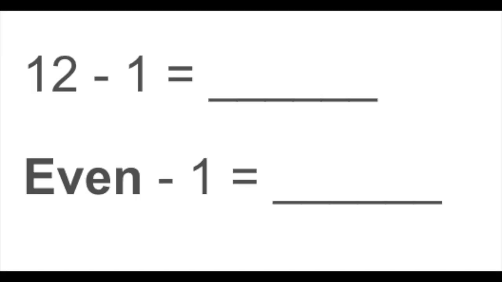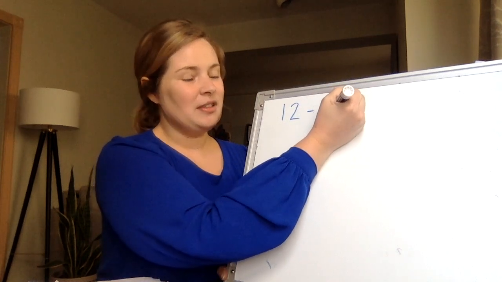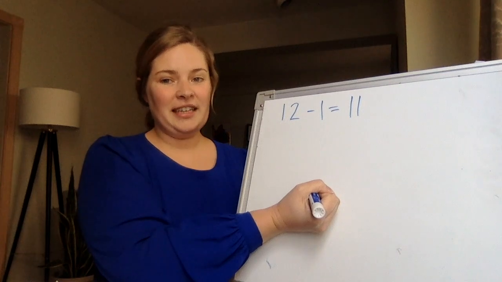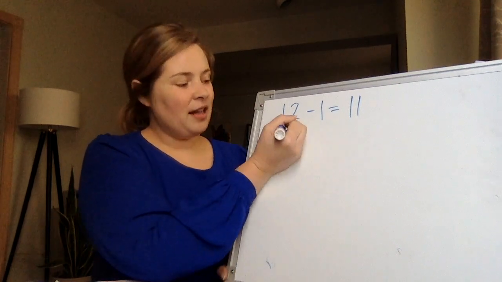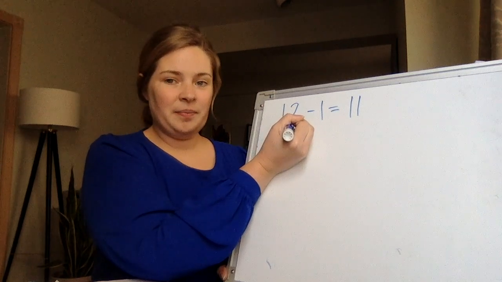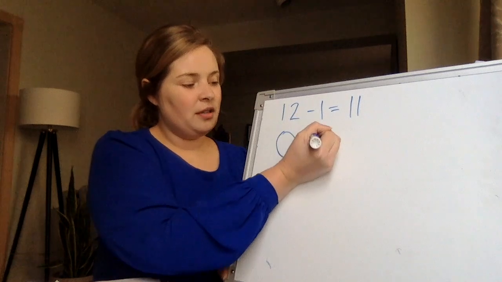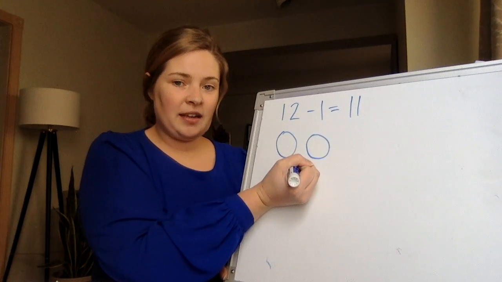We just did this. 12 minus 1 equals 11. And 11 is odd. 12 is an even number. We know that because if we distributed 12 into 2 groups, we would get a doubles fact.